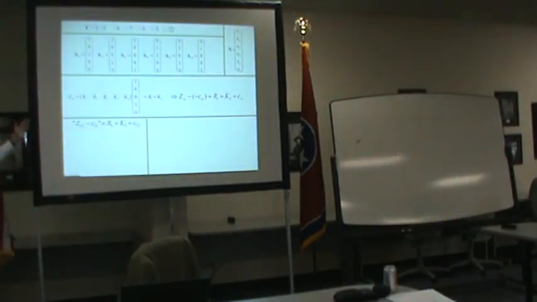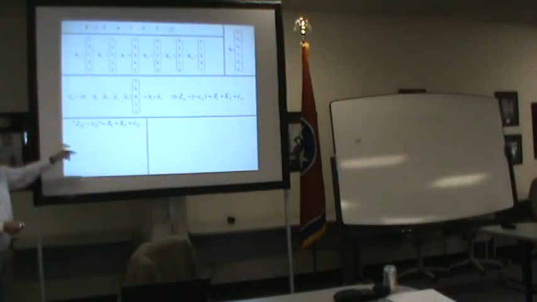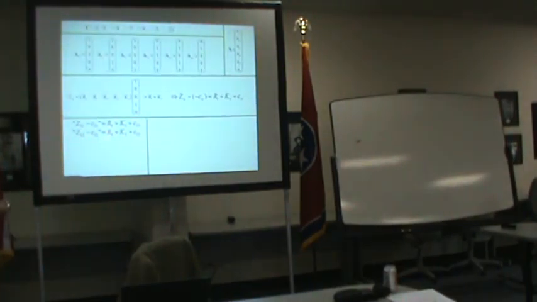Look, for 1, 1 is R1 plus K1 plus C11. For 1, 2 is R1 plus K2 plus C12, this one. For 1, 3, R1 plus K3 plus C13. Now for 2, 1, remember it's 1, 1, 1, 2, 1, 3, first row.